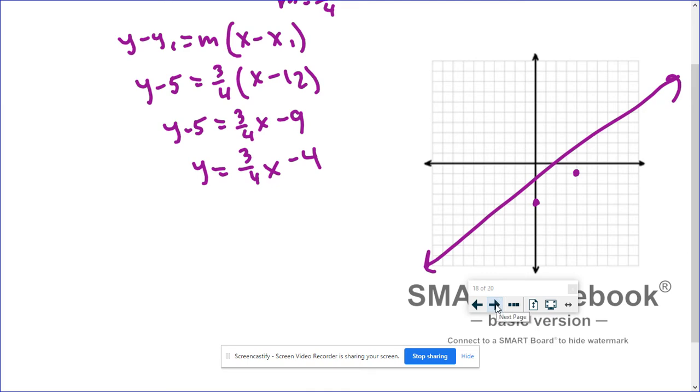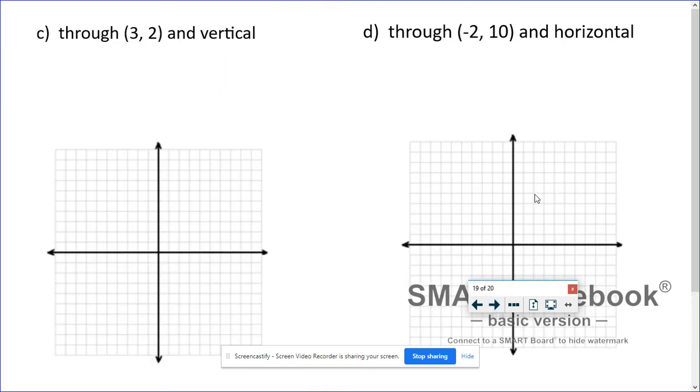All right, a couple more things to look at. If you're given a point and just told the line is vertical, recall what a vertical line is. A vertical line is just x equals some number. So if you have an ordered pair that you're given, 3, 2, so right 3 and up 2, the vertical line through that point is going to be that.